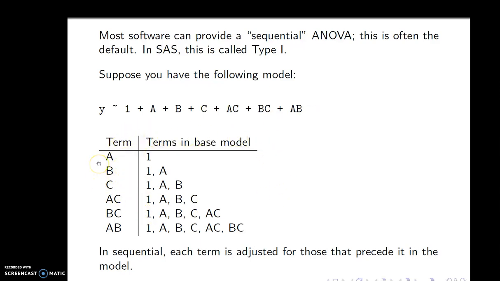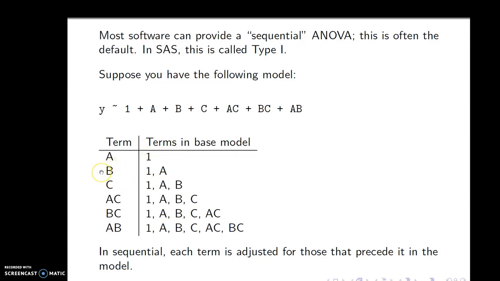We could start out arbitrarily, of course, with just term A. This would give us our overall mean, the global mean, and the levels of A. And that model with A would be compared back to the global model with only the grand mean.